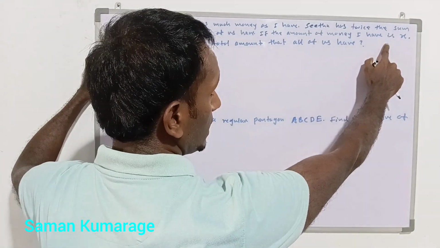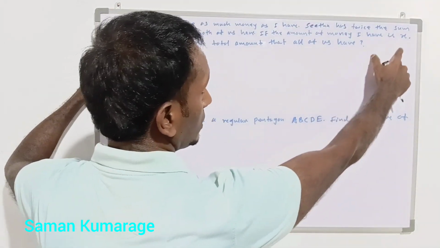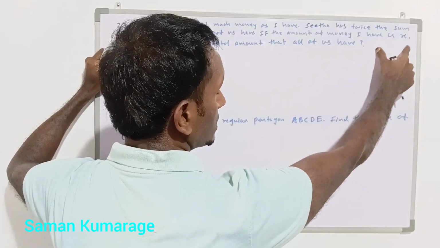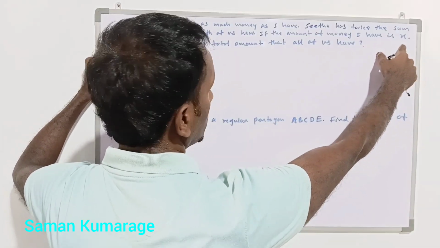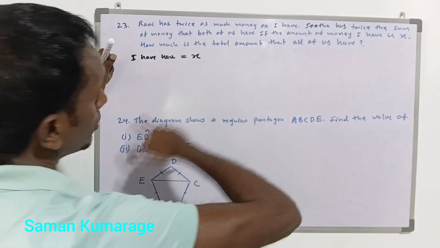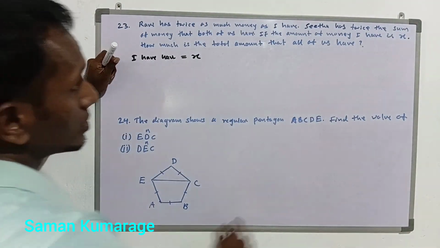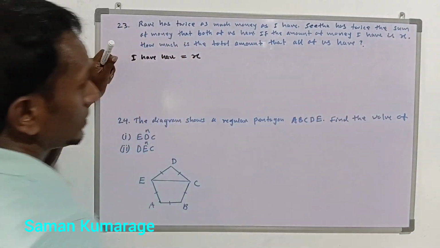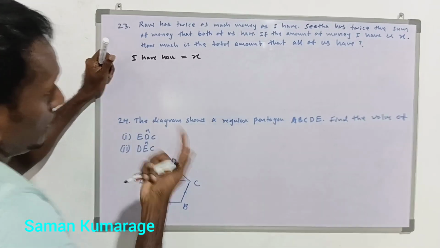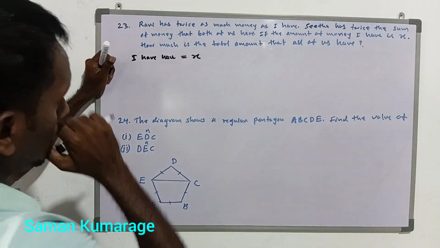The problem is that in the question they have not given which currency or the units of the amount, whether it is rupees or dollars or whatever. They have given only X, so we cannot write whether it is rupees or whatever.